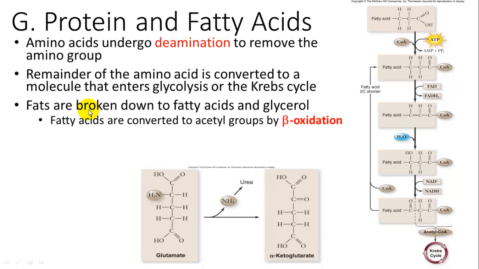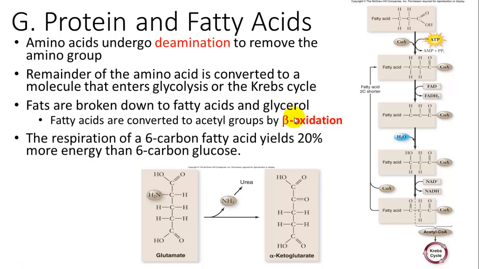And then fats are similar. They have these long chains of carbons, which can be converted into acetyl groups through a process called beta oxidation. And those, depending on the type of the fatty acid, can then be inserted into, again, the Krebs cycle, or can be converted into acetyl-CoA.